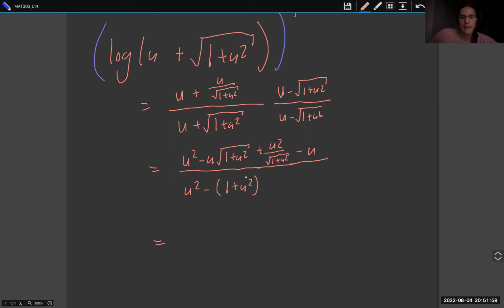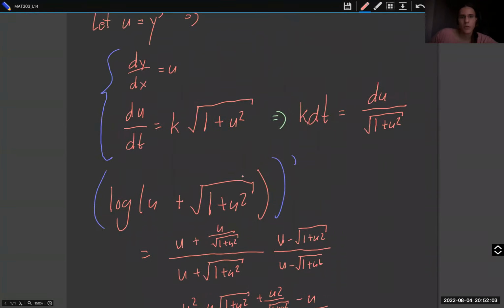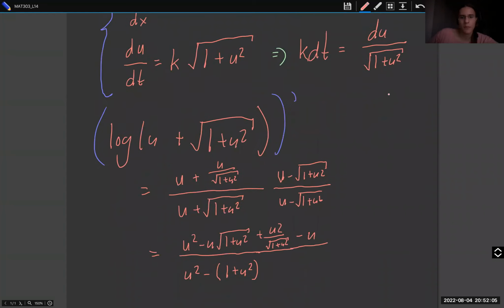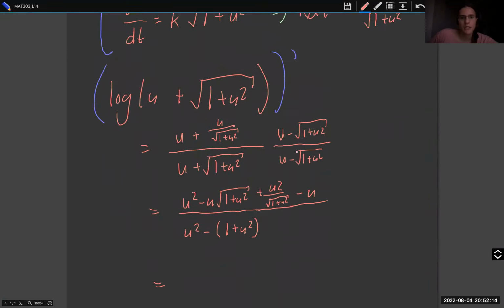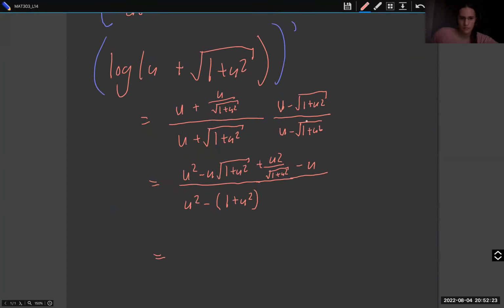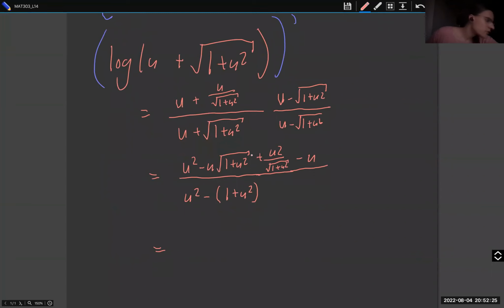And then what we want to show is that this is the square root of 1 plus u squared. So let's bring everything to, wait, is this actually? Are you sure about this, book?